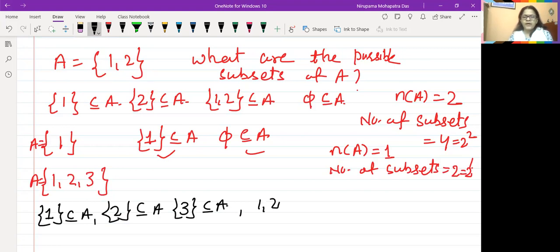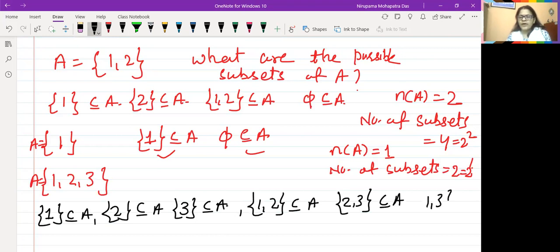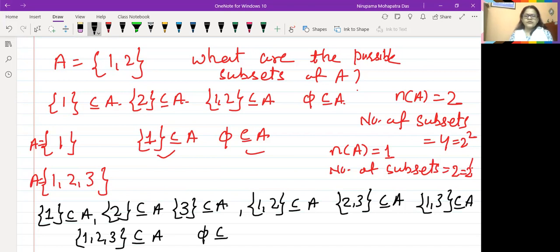If I write here the set containing 1, 2, it is a subset of A; the set containing 2, 3 is a subset of A; the set containing 1, 3 is a subset of A. If I write 1, 2, 3, it is a subset of A. Phi is also a subset of A. Now let us count how many subsets we are getting: 1, 2, 3, 4, 5, 6, 7, 8.